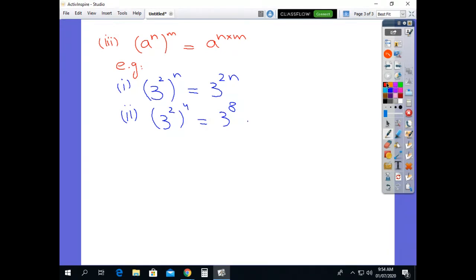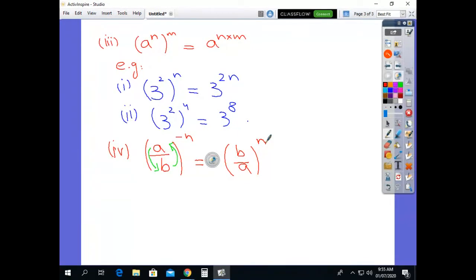Next property is: if we have a number written in the form of a divided by b whole power negative n, if we change the position of numerator and denominator, that is, if we take b in numerator and a in denominator, then power becomes positive.